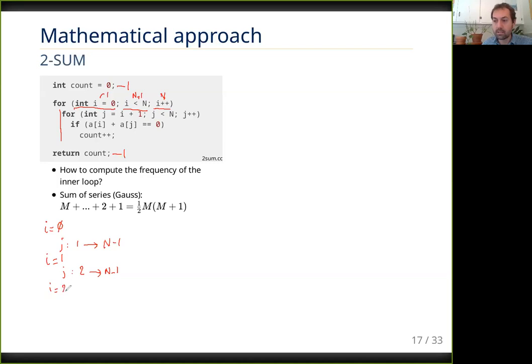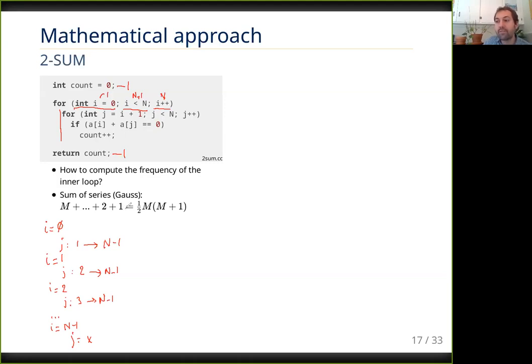Next iteration, i will be 2 and j will go from 3 to n minus 1, and so on. Eventually, i will be equal to n minus 1 at the very last iteration, and j will not even enter its own loop because j will be equal to n, and that will fail the stop condition, so we're not going to execute anything.